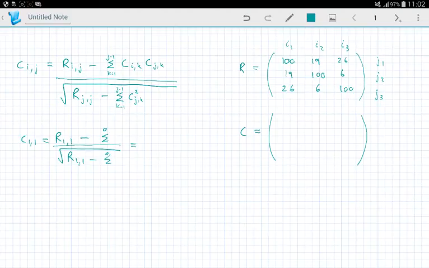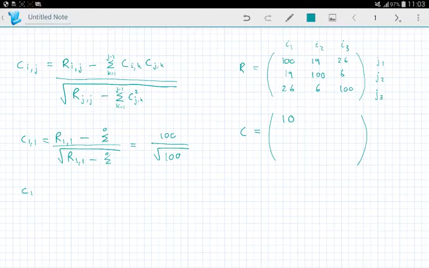This is therefore going to be equal to 100 divided by the square root of 100, which means C11 is equal to 10. I'm thinking if I should get a calculator for later with these other square root values. Okay, so that's C11. Now let's look at C12.